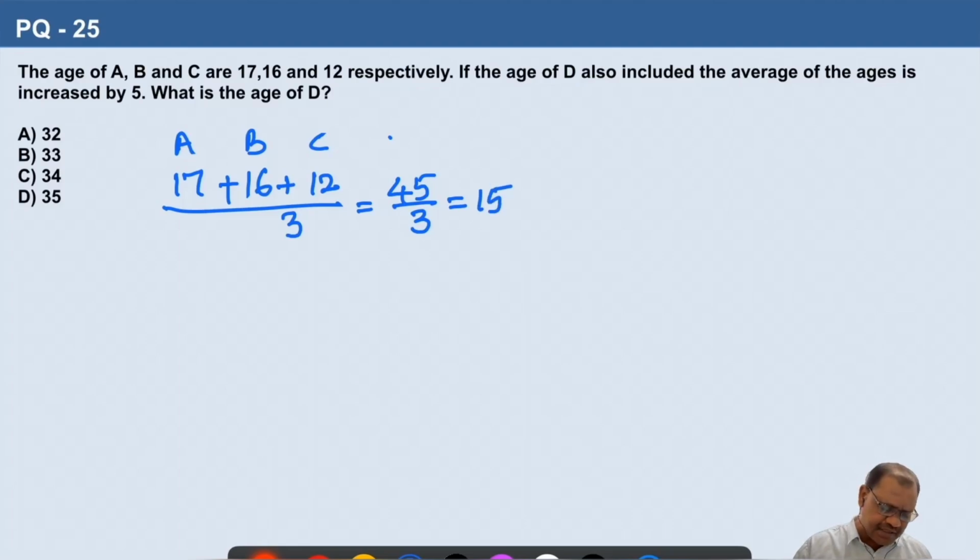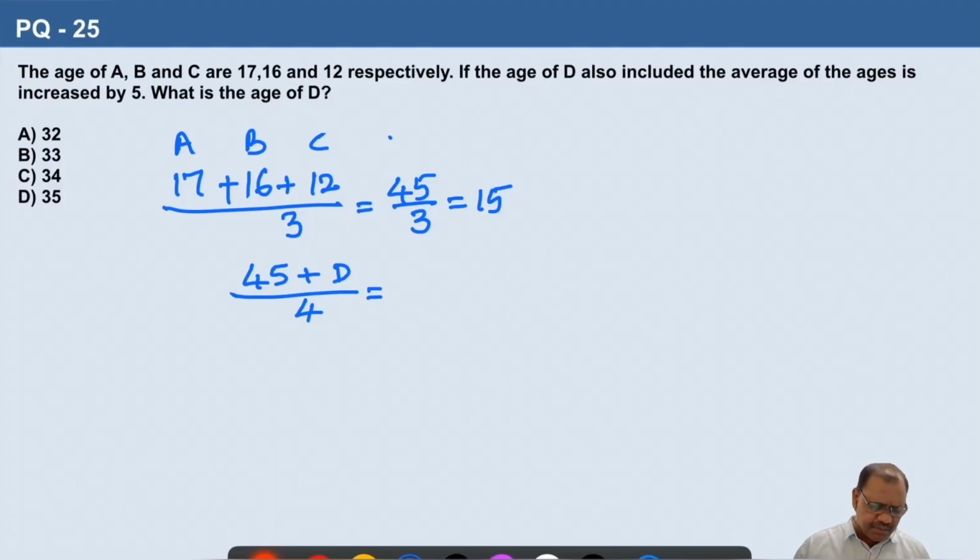So, if D is also included, the average increases by 5. So, 45 is the sum of all the three ages. 45 plus D, divided by 4.